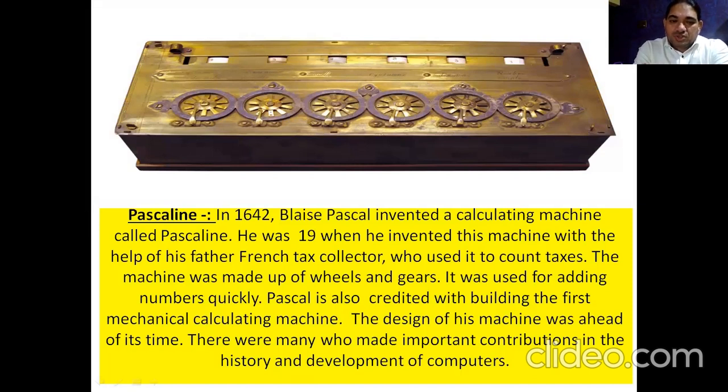The machine was made up of wheels and gears. You can see the structure of the machine. On the top side, some round wheels are there, and different gears were there. To rotate it, wheels and gears were used. It was used for adding numbers quickly.